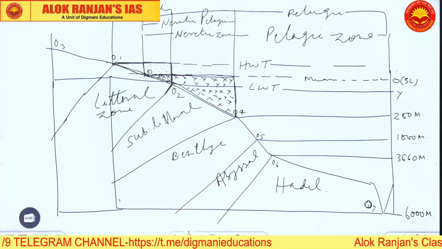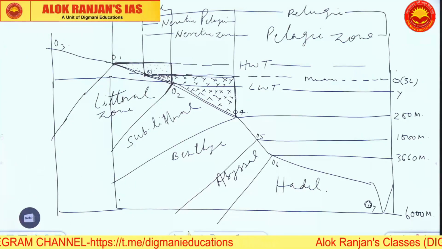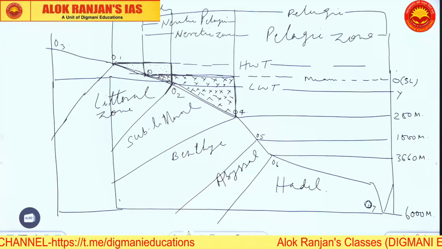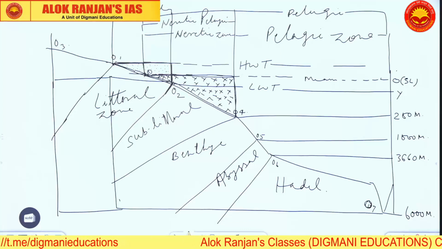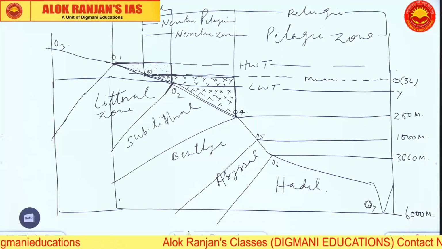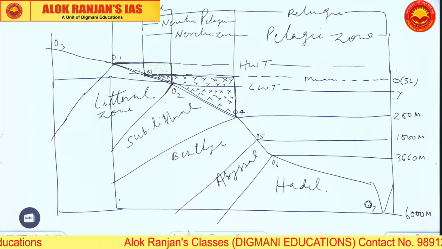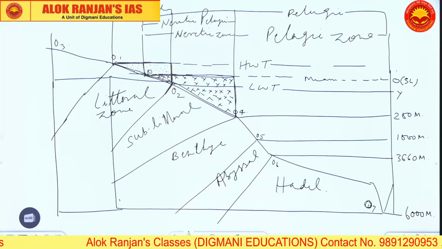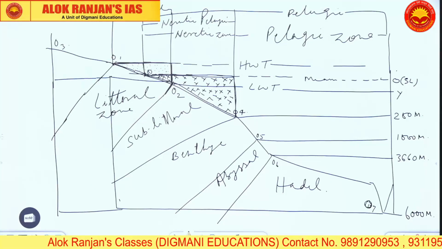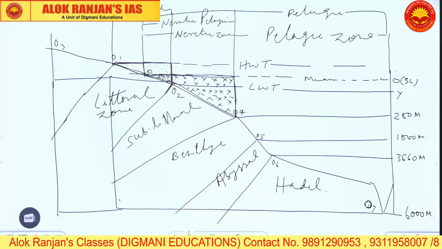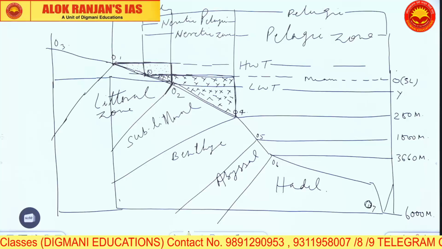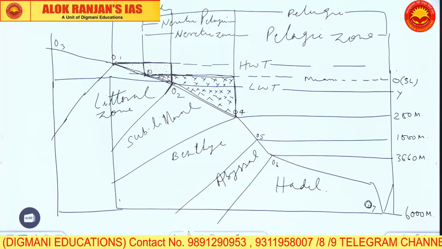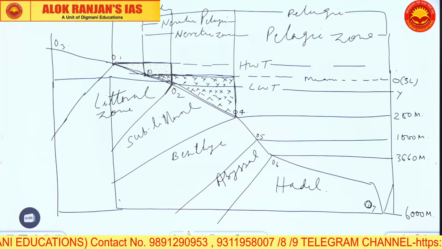It is not complex, is it? Look once again. I am getting off the board time and again so that I could see it properly. Littoral is between high water tide and low water tide, the dotted one. Neritic zone is from sea level to the depth of 200 meter.